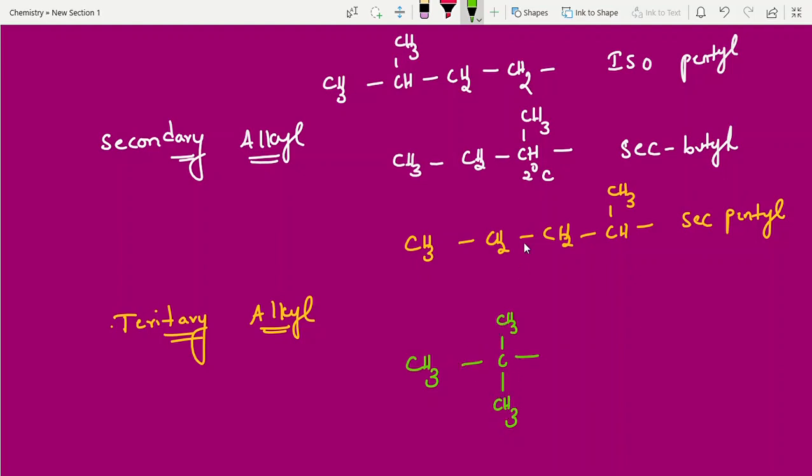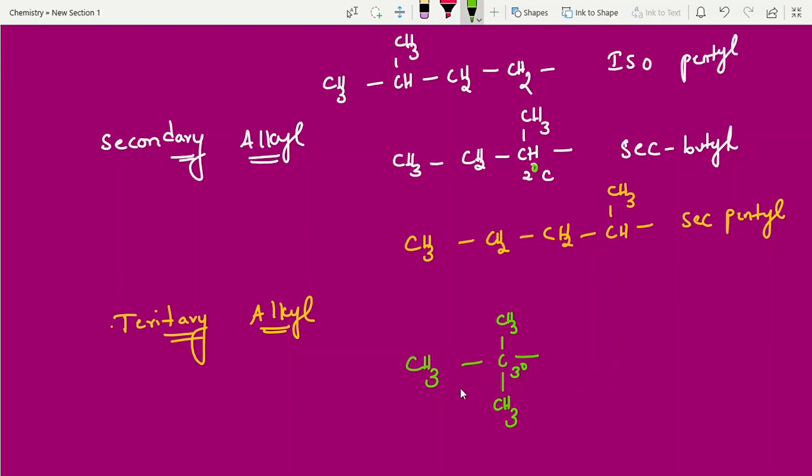Here 3 carbons. Secondary carbon I had already explained in part 2, that's the reason I am going a little fast here. Secondary carbon is the carbon atom attached to 2 carbons. Tertiary carbon is the carbon atom attached to 3 carbons. This is tertiary carbon. This is tertiary alkyl. Clear my point, students?